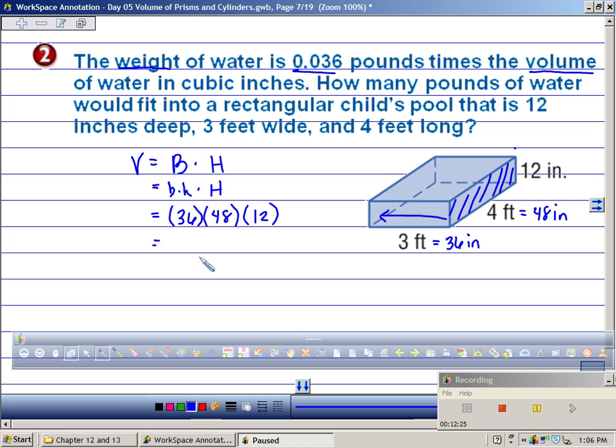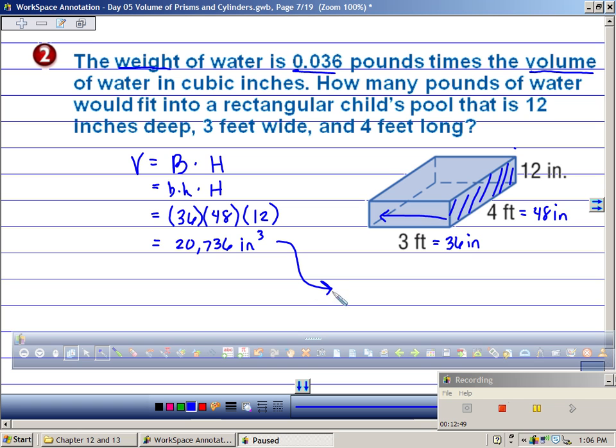Okay, so the answer to this one, if you put it in a calculator, is 20,736 inches cubed.